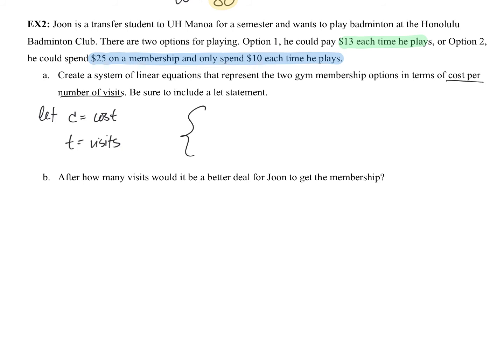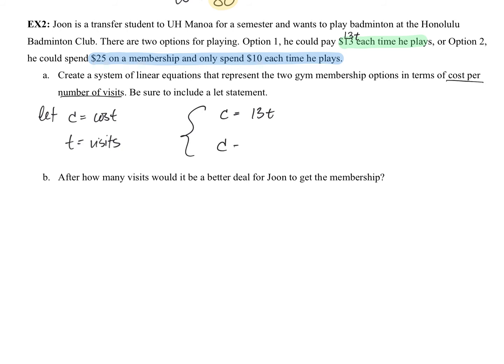Well, the first gym membership, that would be the cost is going to equal 13 each time he plays. So if he goes once, that's $13. But he goes twice, that's 2 times 13. So it's basically 13 times the number of times he goes, which would be 13t. So C equals 13t.